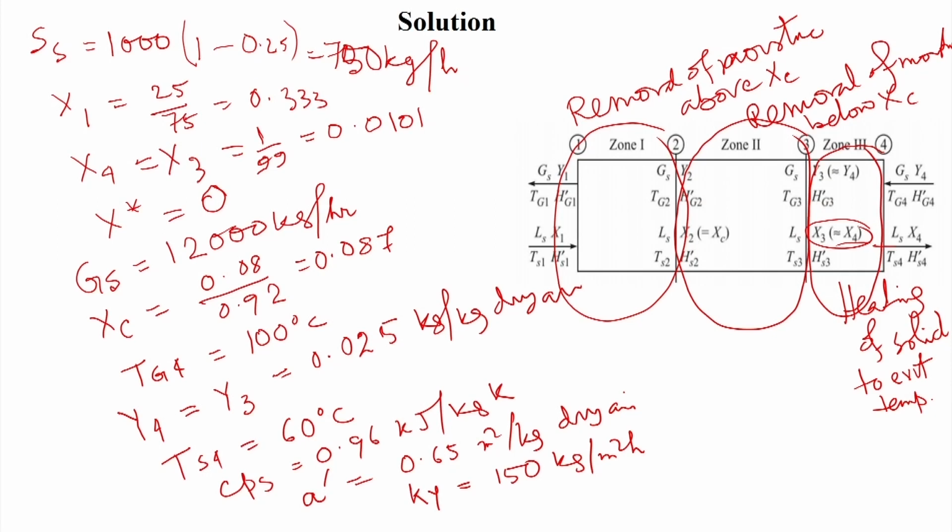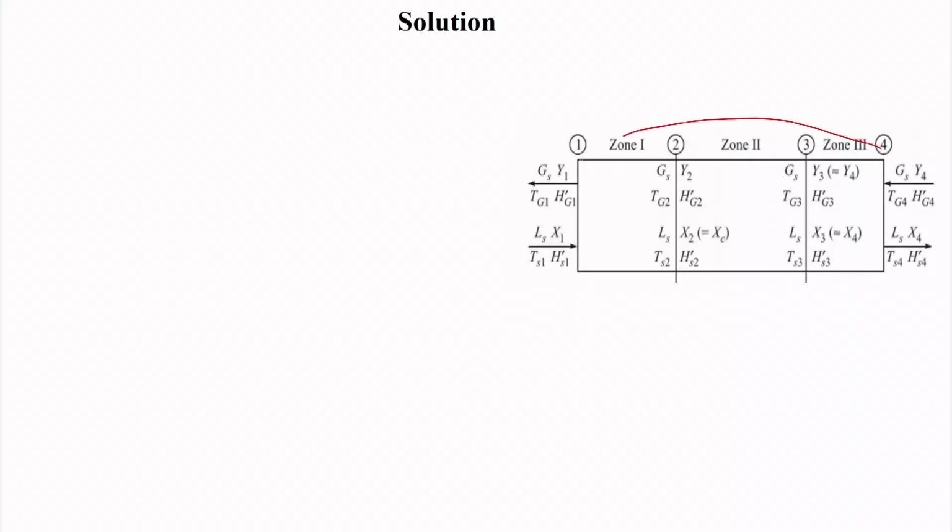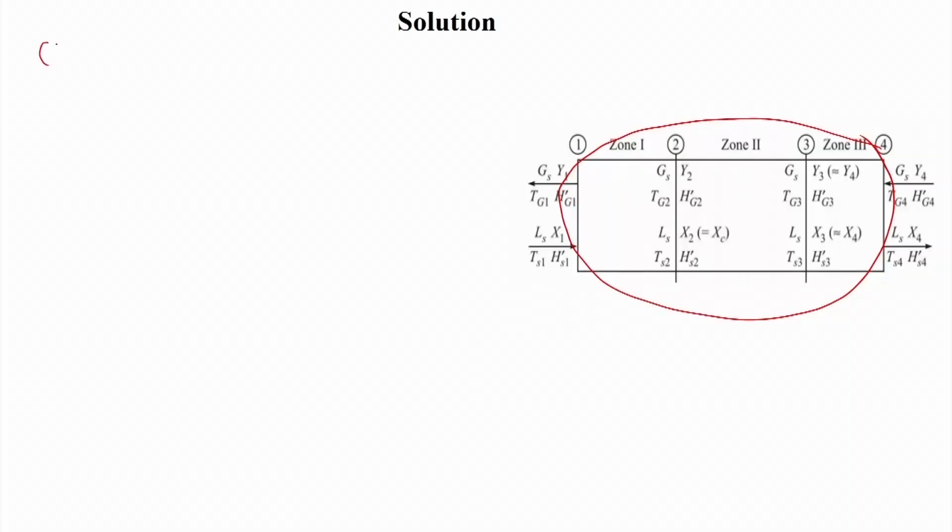Now we will do the overall moisture balance to get Y 1, which is the first unknown parameter. We will calculate it by doing the overall moisture balance across the entire dryer.